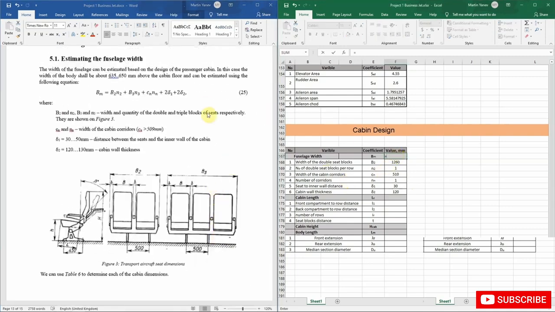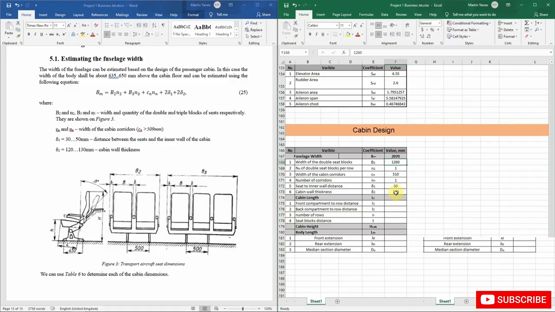So this will be equal to B2 multiplied by N2, plus B3, which we don't have, since we don't have the 3 seats, plus Cn multiplied by the number of corridors, plus B1 multiplied by 2, and we multiplied by 2 because we have walls and we have distance from walls on the 2 sides of the cabin, and then this will be summed with 120 multiplied by 2.